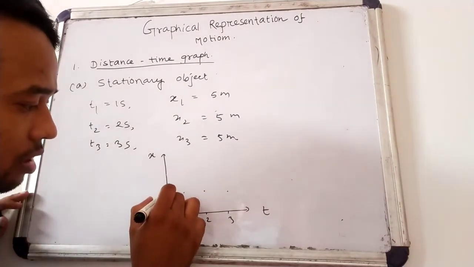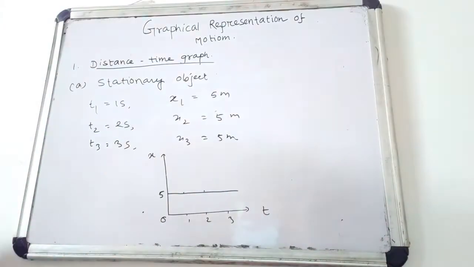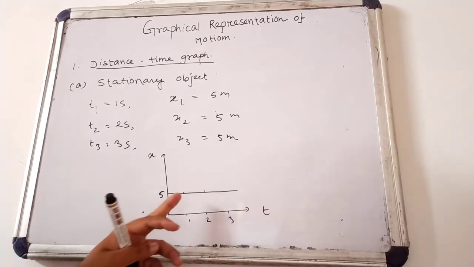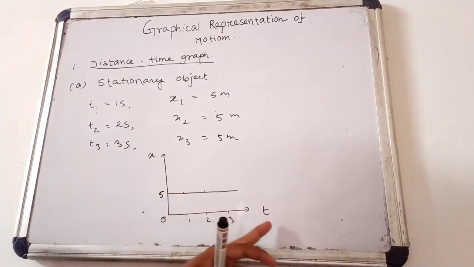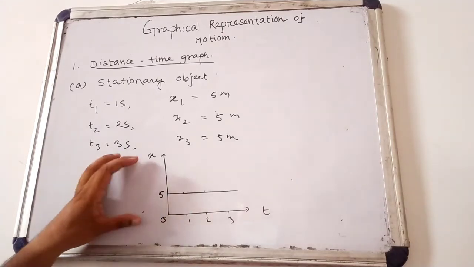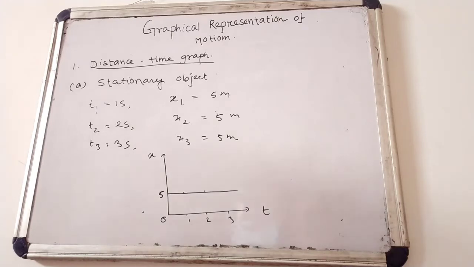So the graph will be a straight line parallel to the time axis. If a question arises, what will be the nature of the distance time graph for a stationary object? Our answer will be: the graph is a straight line parallel to the time axis. By this graph we can represent the distance time graph for a stationary object.